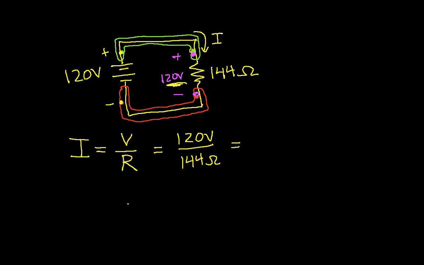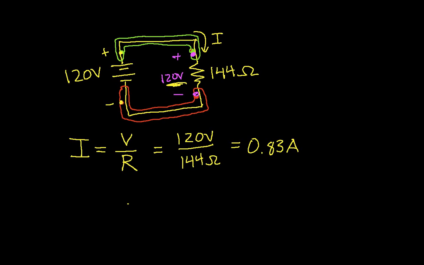And so if I actually do this computation, which I'm having a hard time doing for some reason, I get then that the current is 0.83 amps. Okay?